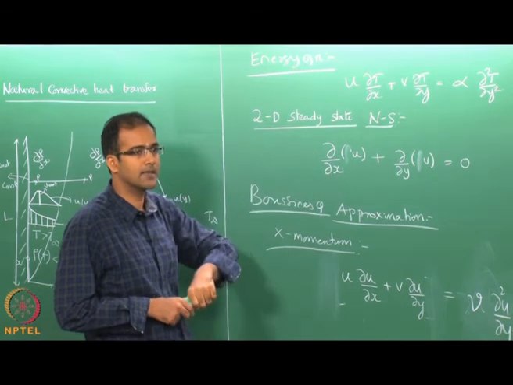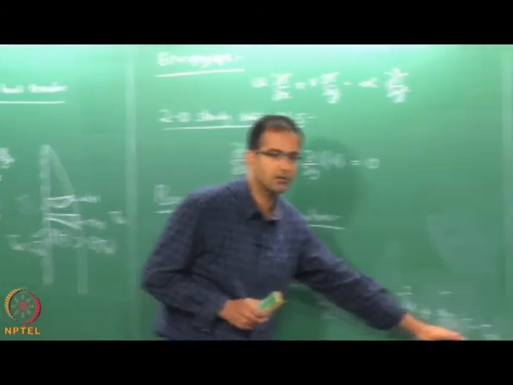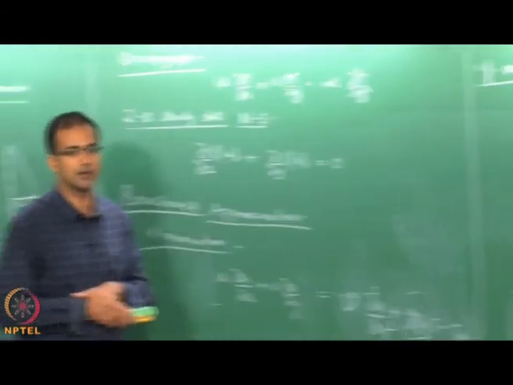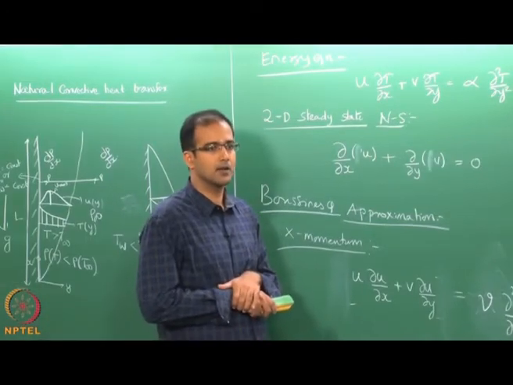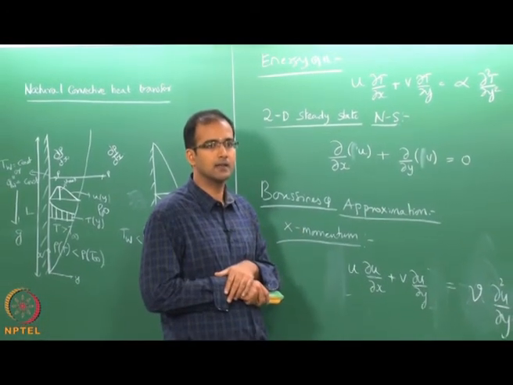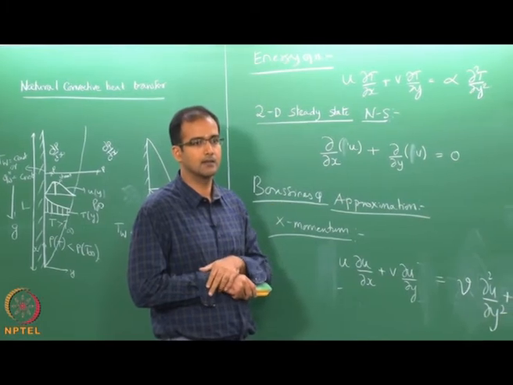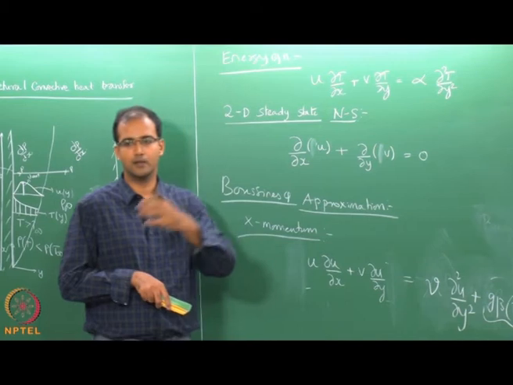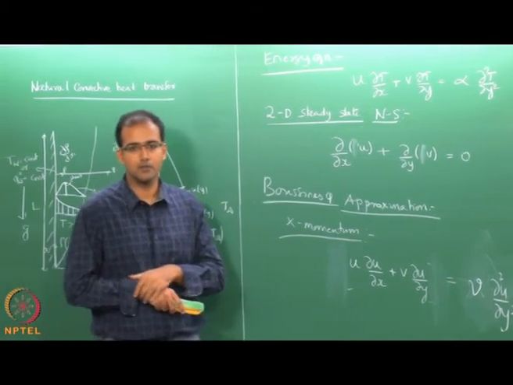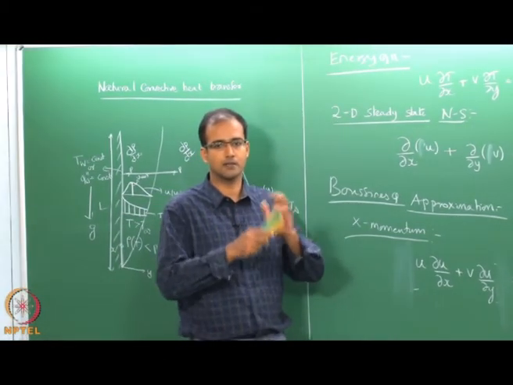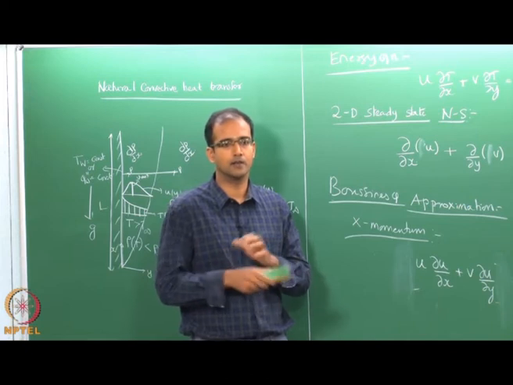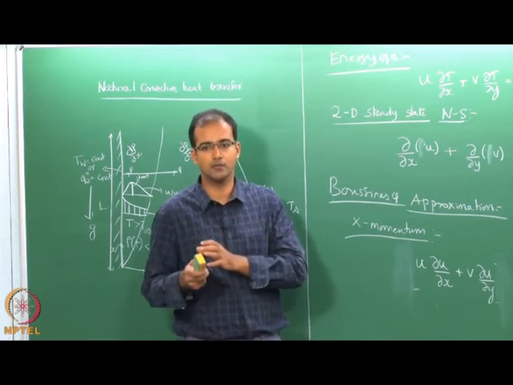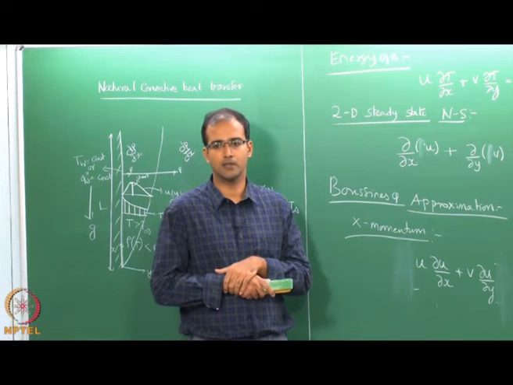Now, the major difference is the inclusion of the buoyancy term in the momentum equation. Unlike the other case where you solve the momentum equation first and get the velocity profile, this is how Blasius did it. First Blasius solved the hydrodynamic part and got the velocity profile, then Pohlhausen used that to solve the energy equation.